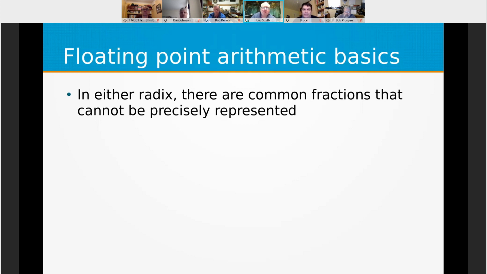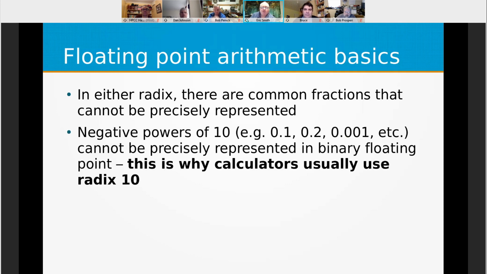If we had, hypothetically speaking, a base 3 floating point number, then we could represent 1/3 exactly. So in particular, calculators use radix 10 because humans generally use base 10 for number representation, and we would like to be able to represent negative powers of 10, like multiples of 0.1 or 0.01, etc. We'd like to be able to represent those exactly.